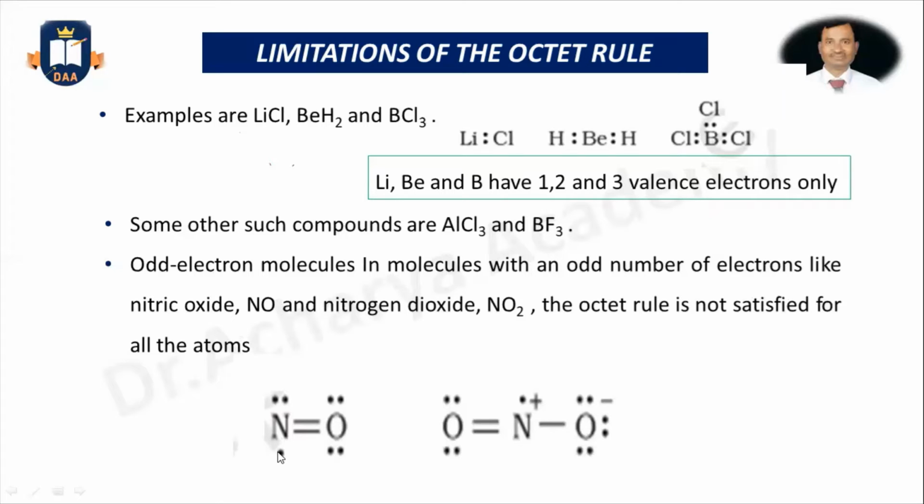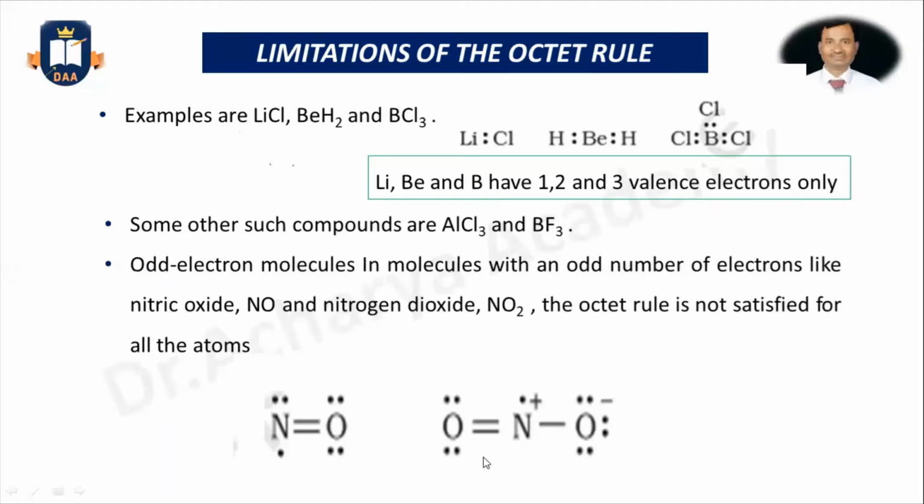That means this nitrogen has less than 8 electrons, which is the deviation from the octet rule. But the right side oxygen fulfills the octet rule because 2 lone pairs are there and 1 double bond is there. That means 8 electrons are occupied by this oxygen atom.